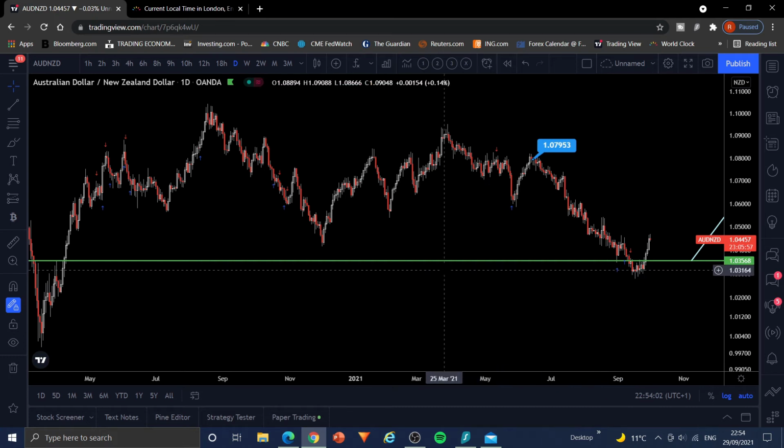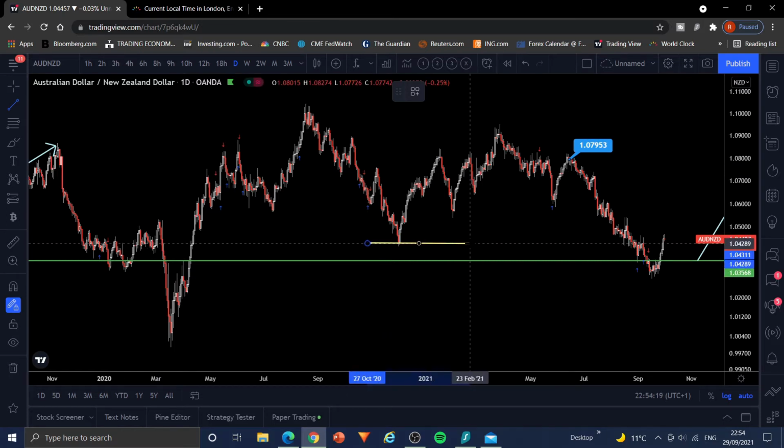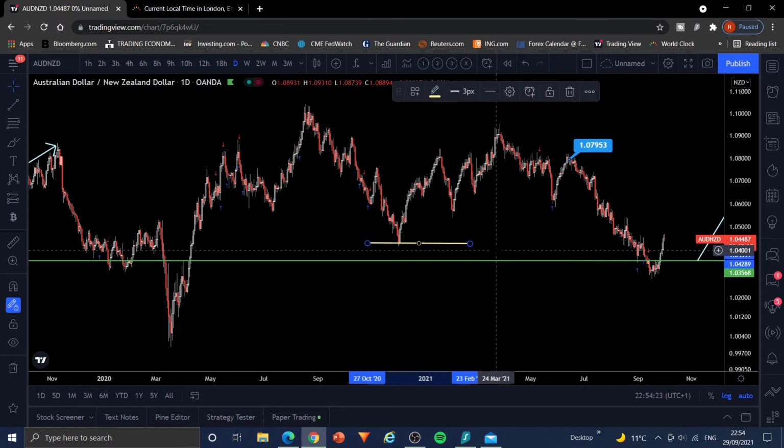Now look at all the videos in this series of trades and you will remember that I highlighted this level here as being a very significant level.